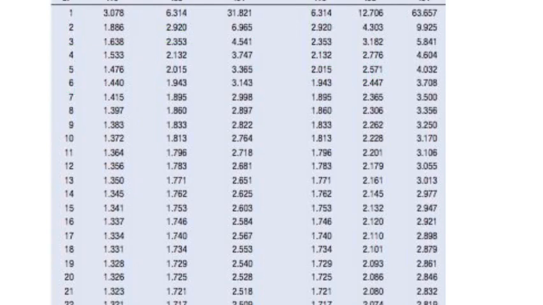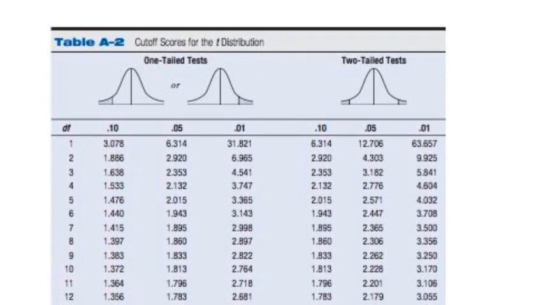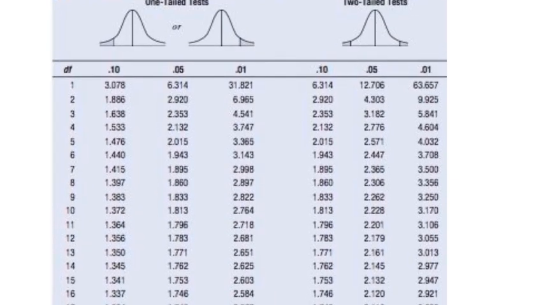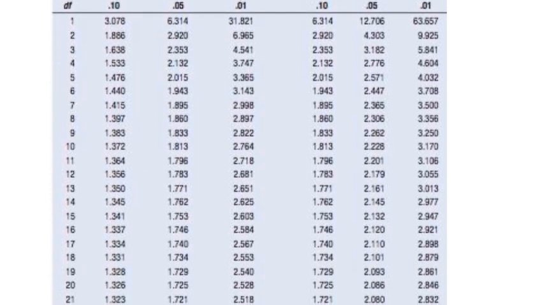So let's hop over to the table. So we're still over in the two-tailed test side, all right? The two-tailed test here. So now we're over in the far right column, the 0.01. All right, 0.01, and we're still scrolling down to 14 degrees of freedom. So we see something like 2.977. 2.977.